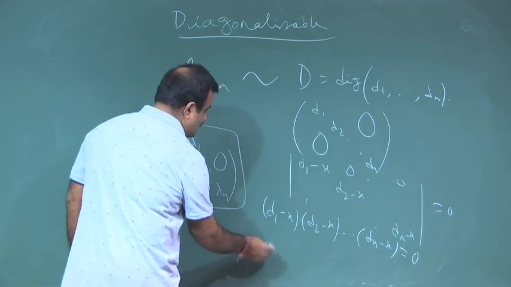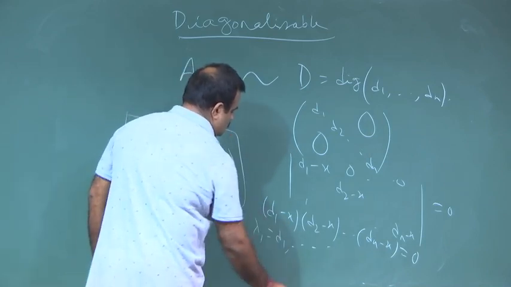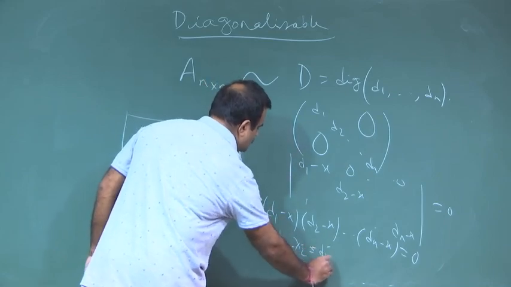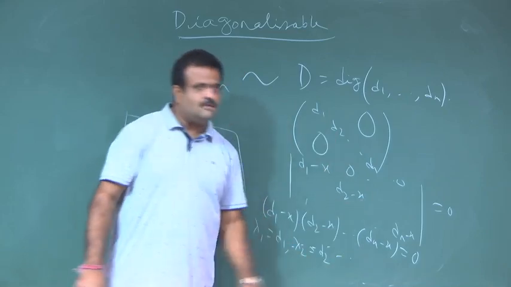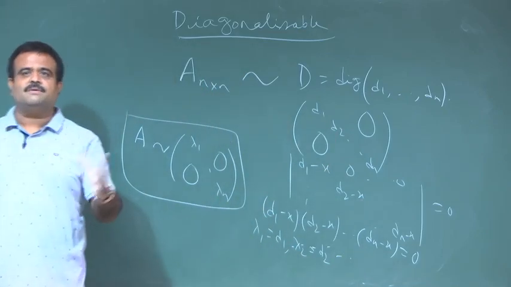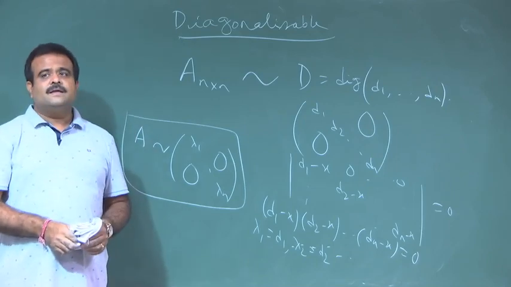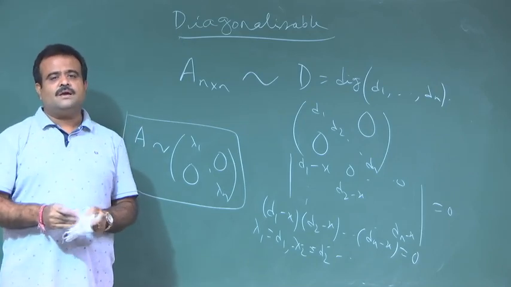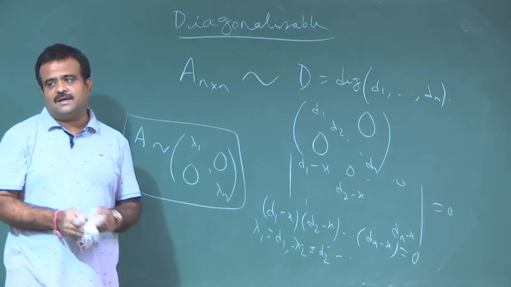So the eigenvalues are D1, D2, and so on, and these are the eigenvalues of A, because they have the same eigenvalues. So if A is diagonalizable, then it is similar to a diagonal matrix where the diagonal elements are the eigenvalues.